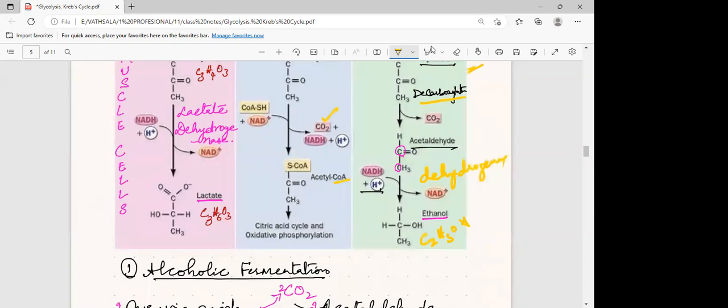See here, I have shown this very clearly. Carbon dioxide is removed here. Can you see the carbon dioxide? So when that is removed, what is left? C3H4O3, CO2 is removed.